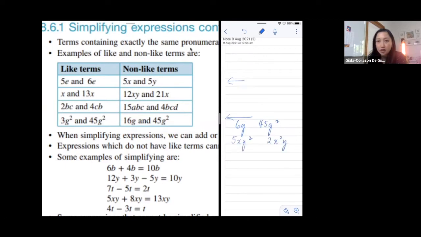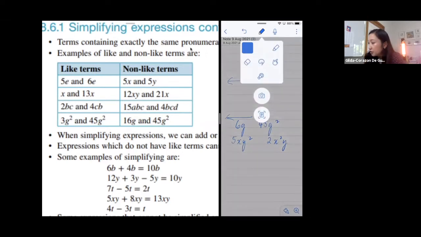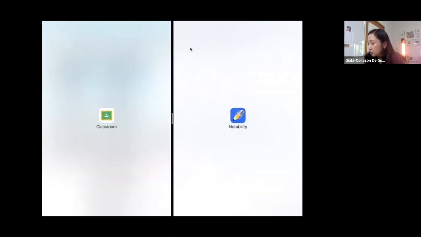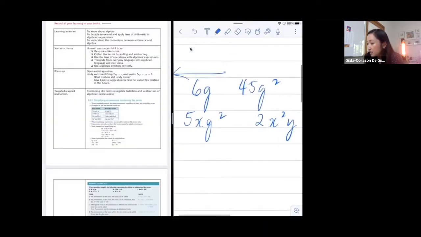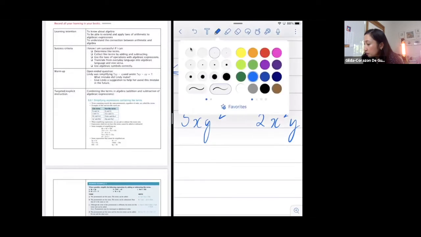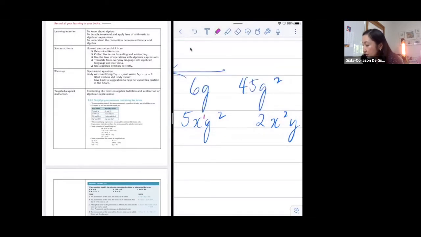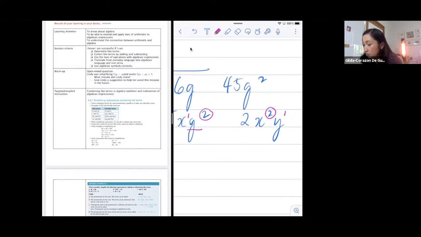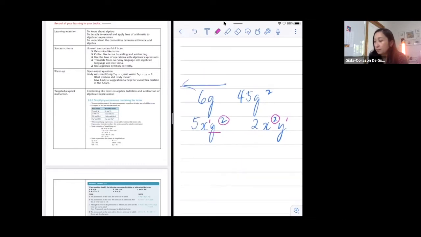They've got exactly the same pronumerals, but the index of x is 1 in one and squared in the other, and the index of y is 2 in one, whilst in the other it is 1. So they need to have exactly the same pronumerals with exactly the same indices, okay?